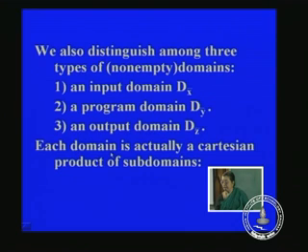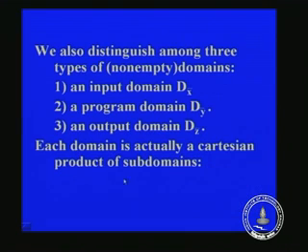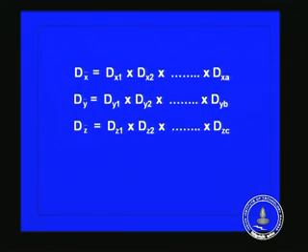Each domain is actually a Cartesian product of subdomains. You have input variables x1, x2, up to xa, and each one will have a domain Dx1, Dx2, up to Dxa.